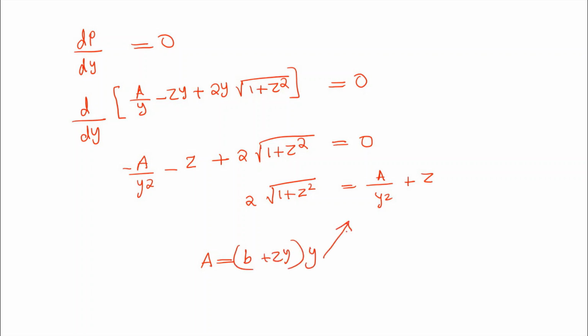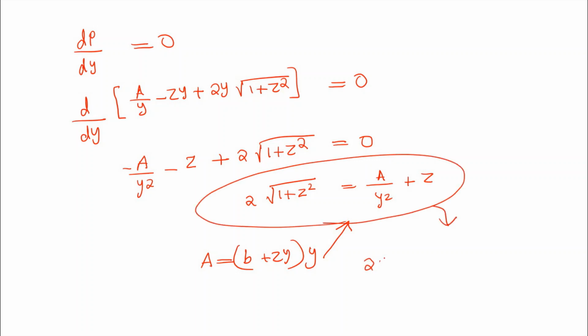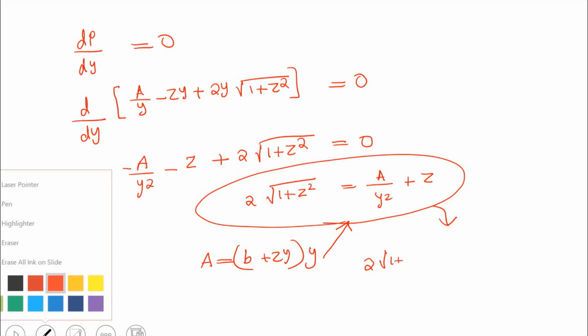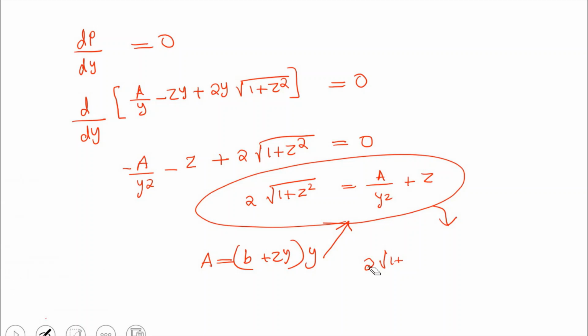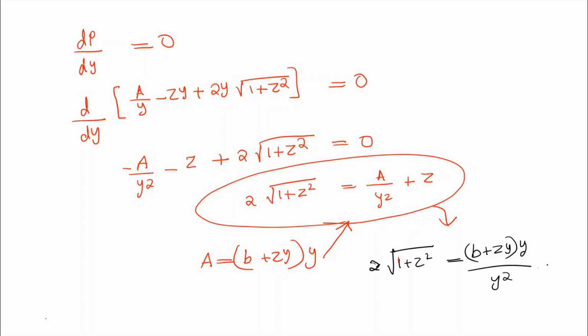Fine. So I am substituting the value of a again here, that is b plus zy into y, into this equation. Let me change the color, otherwise you will get confused. Then this equation will become 2 in the root of 1 plus z square is equal to b plus zy into y divided by y square plus z.